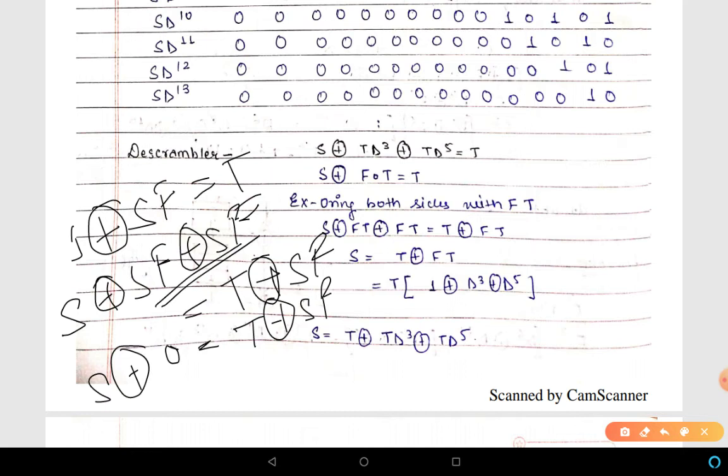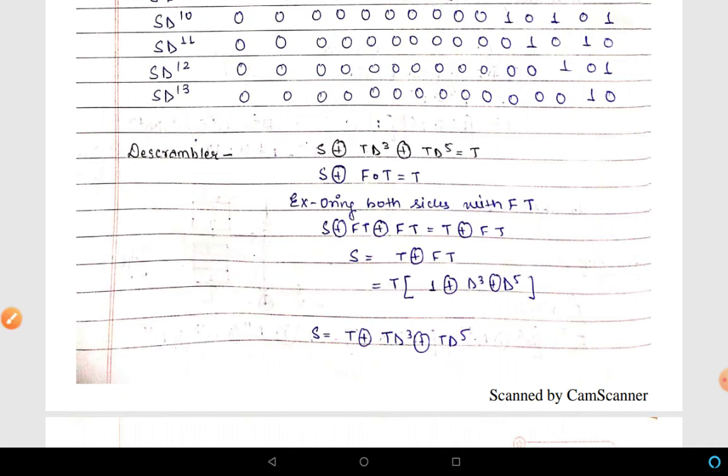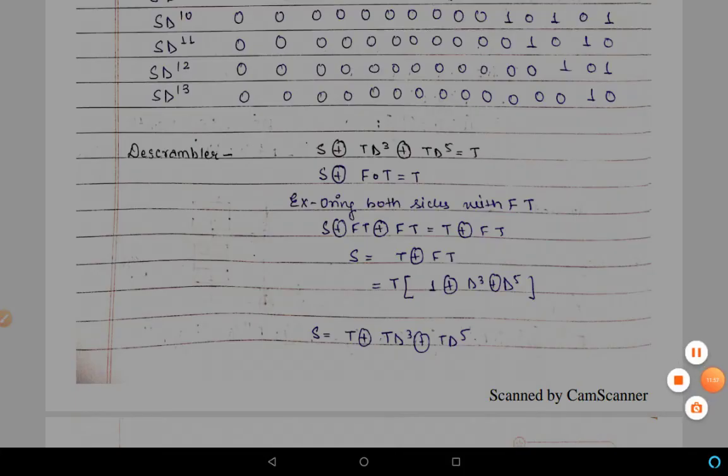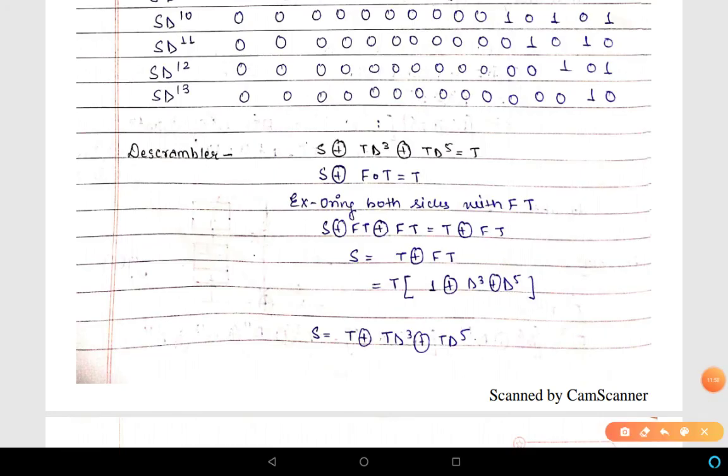Or if I use rather than, okay, so I'll repeat that again, how to design the Descrambler.